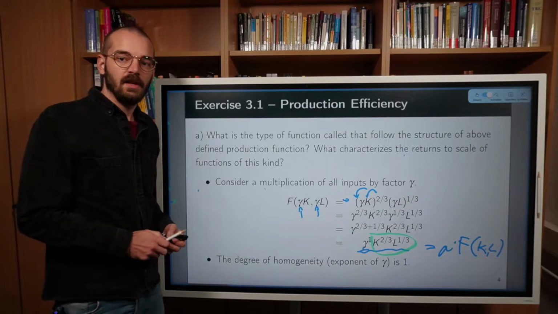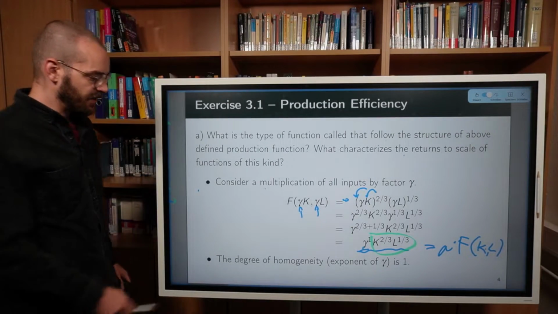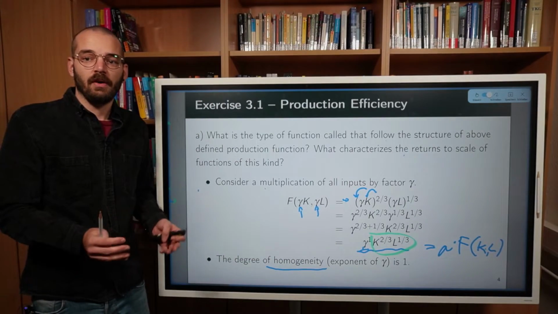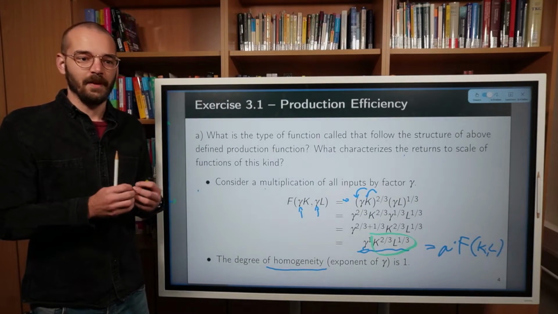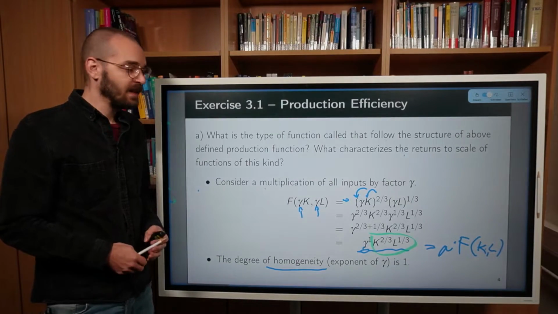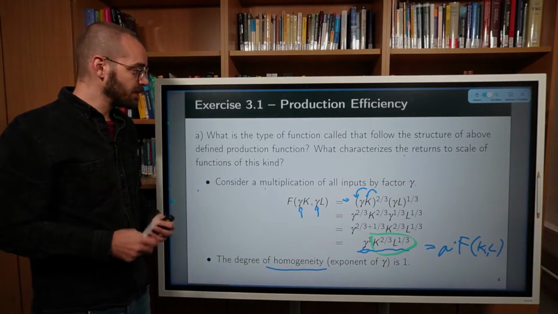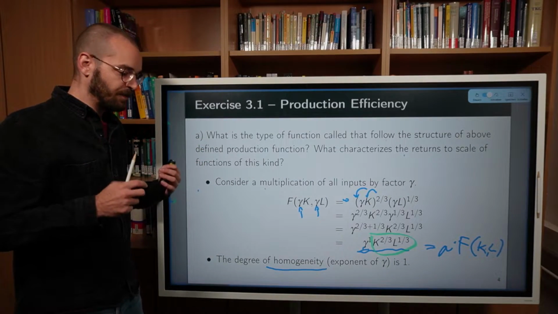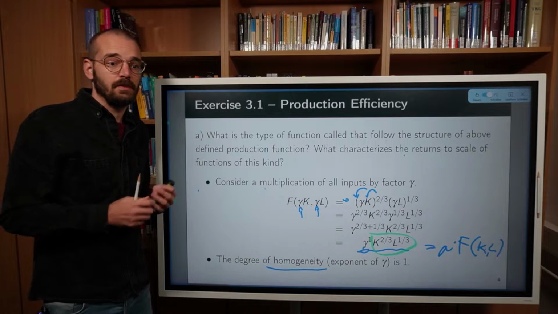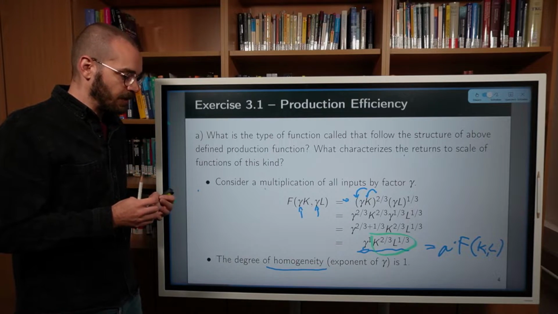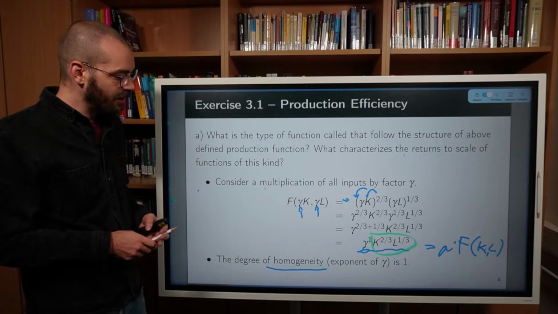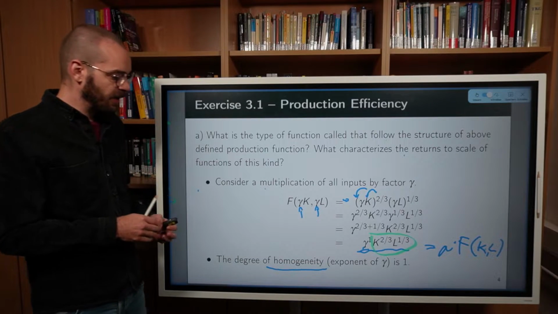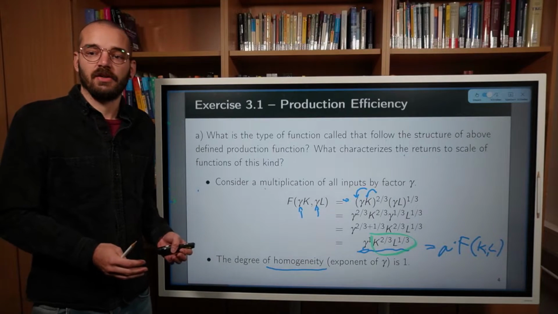In other words, another way to phrase this is the degree of homogeneity, because this really is what we are talking about right now in a mathematical sense. As economists, we of course use this tool set in order to find the returns to scale of a production function, but the method in itself simply is checking the degree of homogeneity of any function.